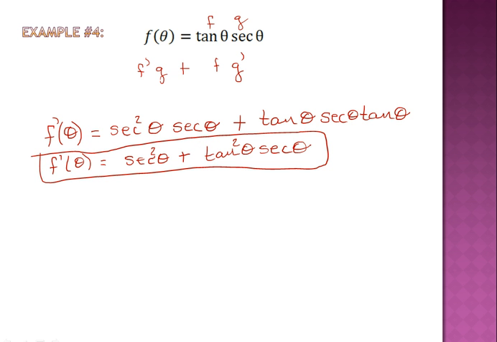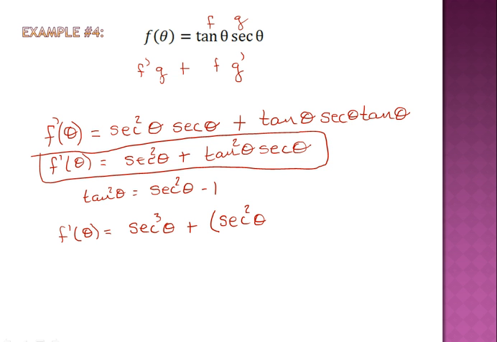If we were trying to solve, however, it would be easier if this were in the form of one function. And so we would look at it and say, well, tangent squared has a Pythagorean identity with secant. And so we know that tangent squared is equal to secant squared theta minus 1. And so I can do a substitution. And I can have secant cubed plus secant squared theta minus 1 times secant.